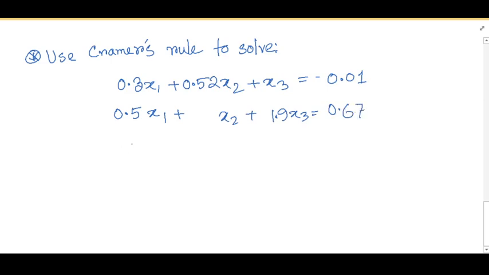And the third equation is 0.1x1 plus 0.3x2 plus 0.5x3 equals minus 0.44. Now we need to solve this using Cramer's rule. So let's not waste time and move forward. The solution.